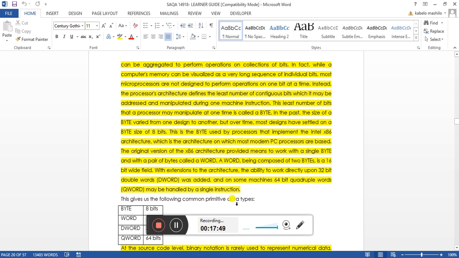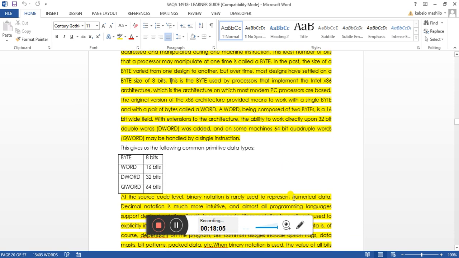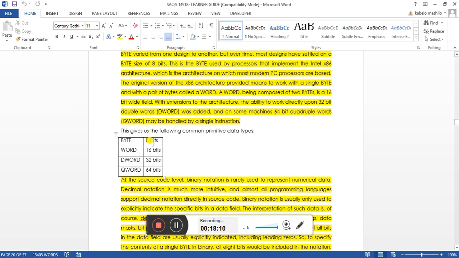With extensions to the architecture, the ability to work directly upon 32-bit double words, D words, was added, and on some machines 64-bit quadruple words, Q words, may be handled by a single instruction. This gives us the following common primitive data types. A byte is 8 bits, a word is 16 bits, a D word is 32 bits, and a Q word is 64 bits.